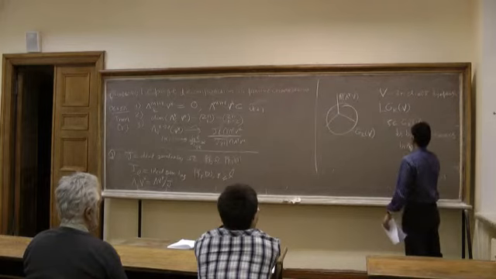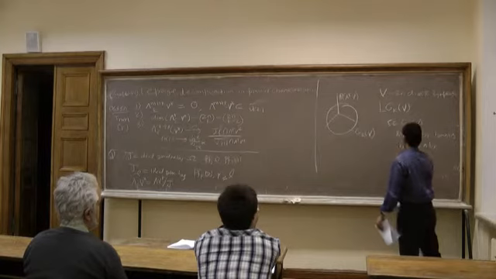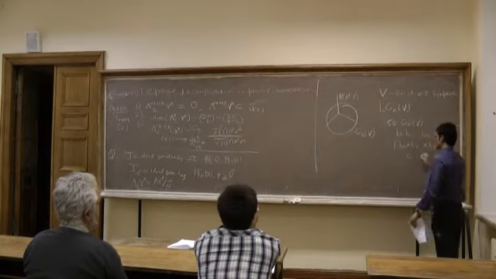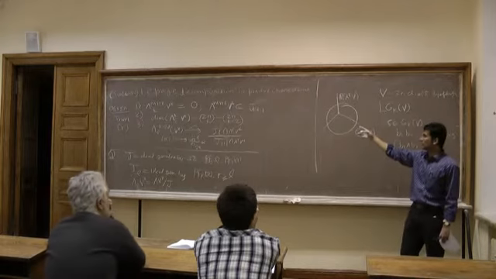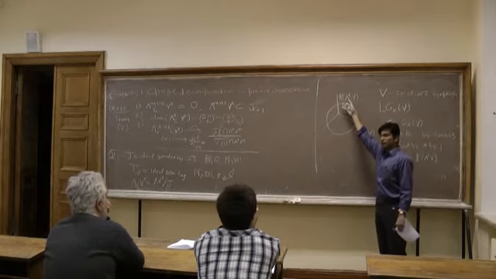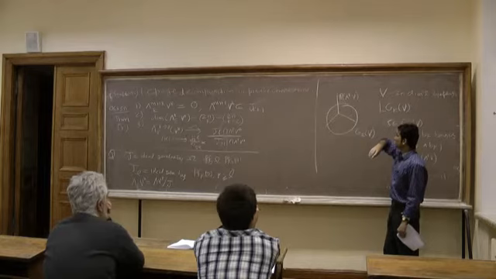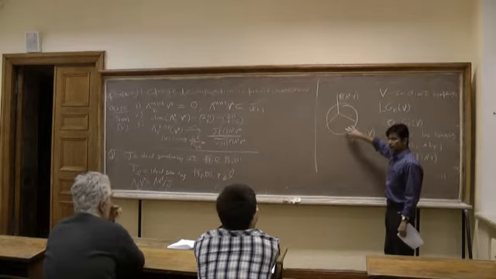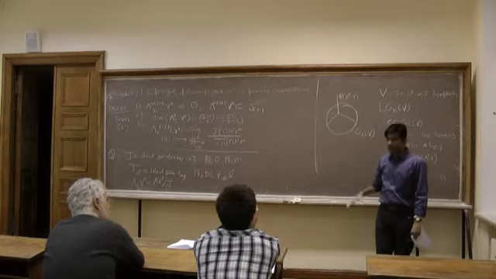Then B1 wedge B2 wedge up to BK, projectivize it. That is how you embed the Grassmannian as a projective subvariety of this Plücker space. I hope everybody is familiar with this thing. And this is cut out by some famous Plücker relations.